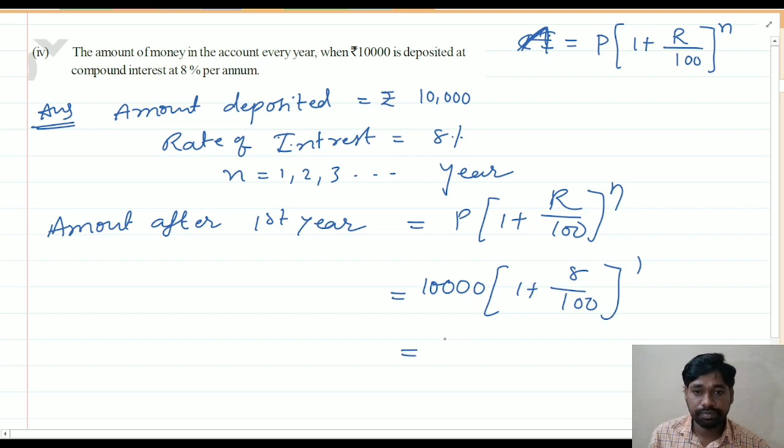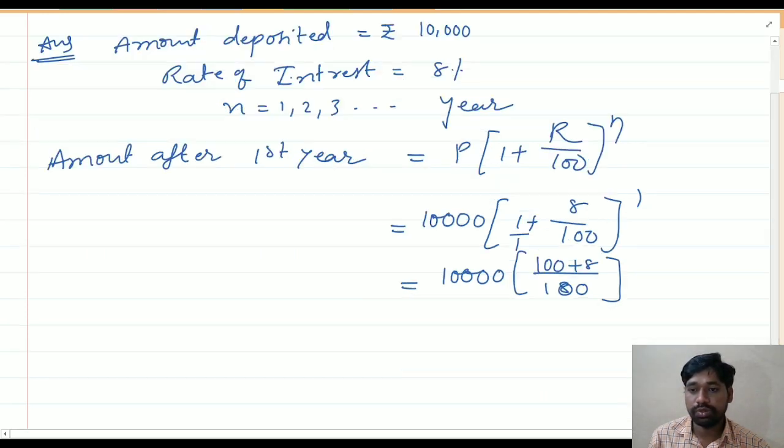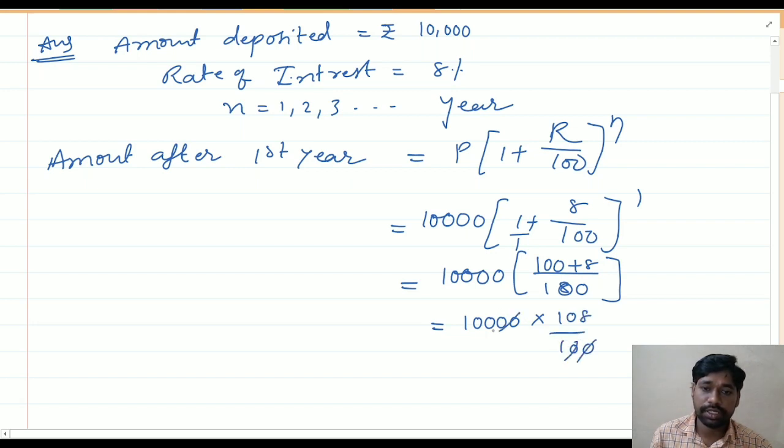Simply you can say 10,000 into, if you make LCM, for 1 and 100 the LCM is 100. 1 how many times? 100 times. 100 into 1, 100 plus 8. So it is 10,000 into 108 by 100. So these zeros get cancelled. So the answer for the first one is 10800, which is nothing but the amount after first year.